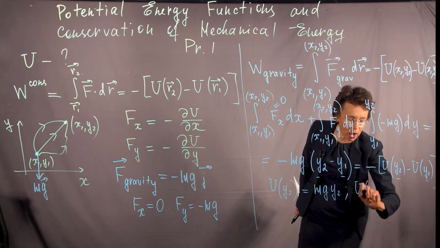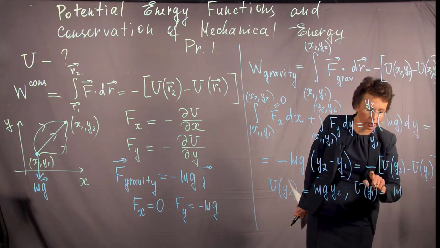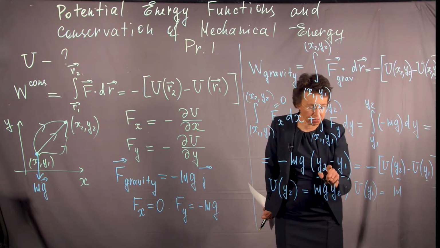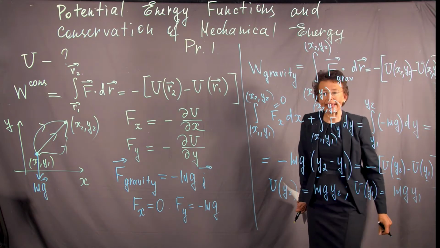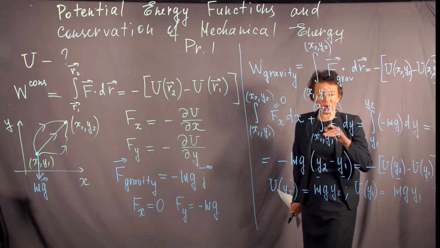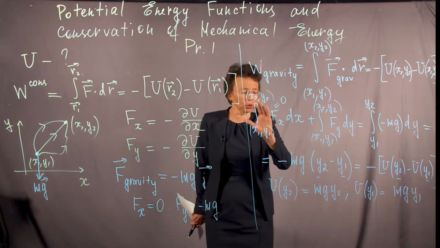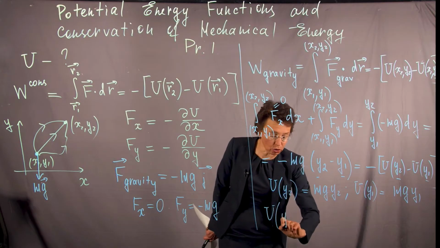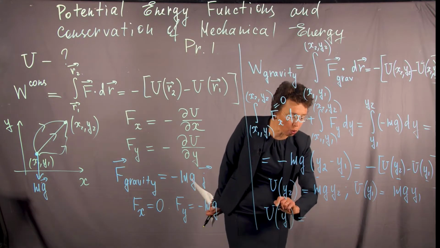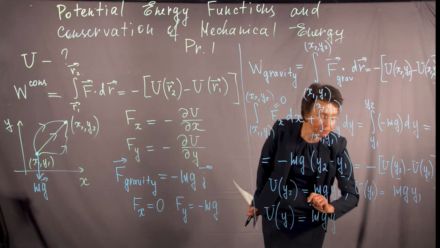U at y1 is equal to mg, here plus, here minus minus plus, mg y1. And since y1 and y2 are arbitrary points, this is important, arbitrary points, this works for any y. So u as a function of y for force of gravity is mgy.